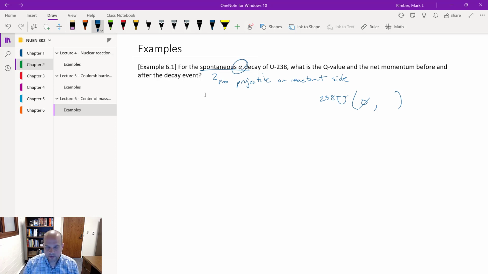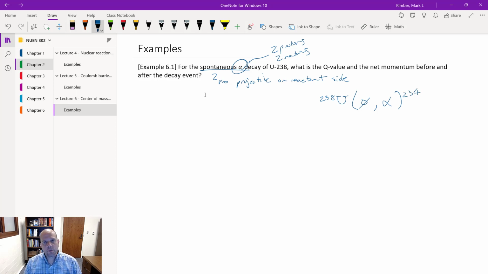But we've got the alpha particle that's being ejected as part of this spontaneous decay. And we're going to become some new isotope and new element. And so the alpha particle is going to have 2 protons and 2 neutrons. And so I have a total of 4 nucleons that are now no longer in the nucleus that I just had. So this is going to be 234.